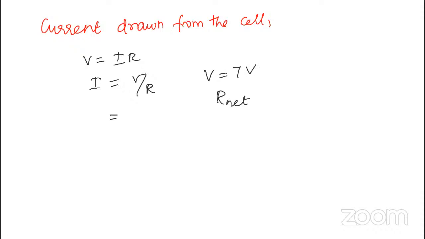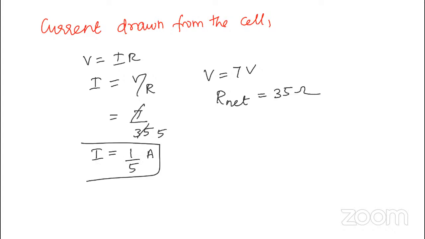What is it? It is 35 ohms. So here we write the values for V and R. Here it is 35. We cancel by the 7 table: it is 1 time and 5 times. So it is 1 by 5. Here I is in ampere, so we divide 1 by 5. Dividing, I is equal to 0.2 ampere. So this is option D. Very good. Option D is the right one.